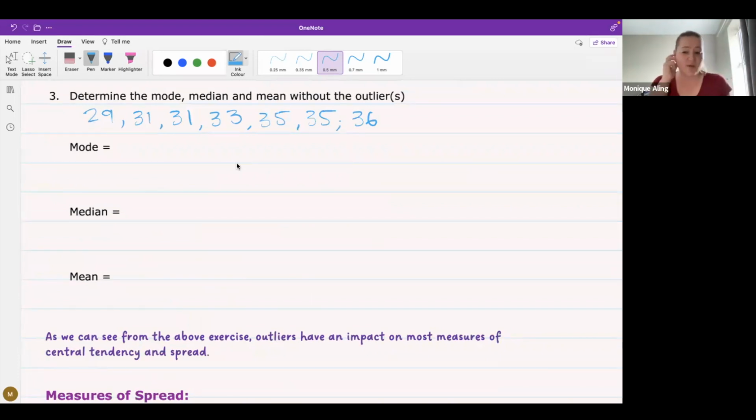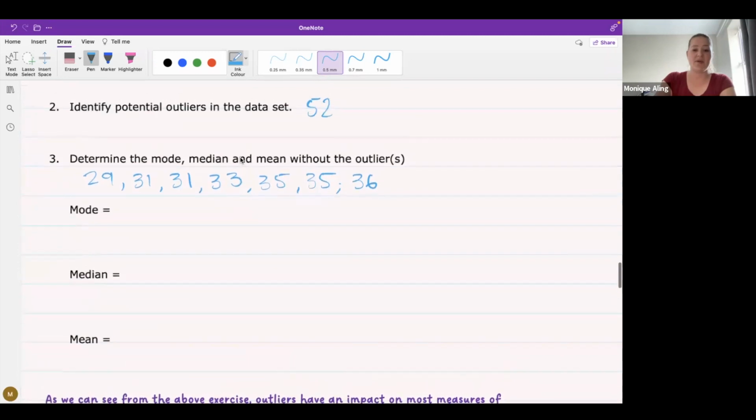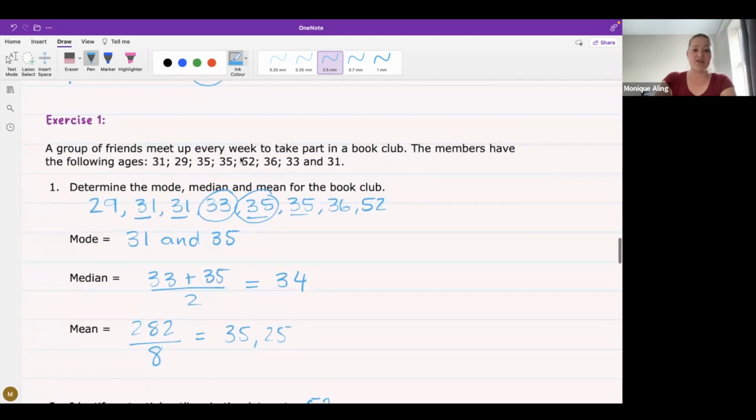Let me know if you want me to go back to the definition of outlier so you guys can take a screenshot. Let me know in the chat. Okay, I'm going to quickly go up. Just maybe take a quick screenshot.